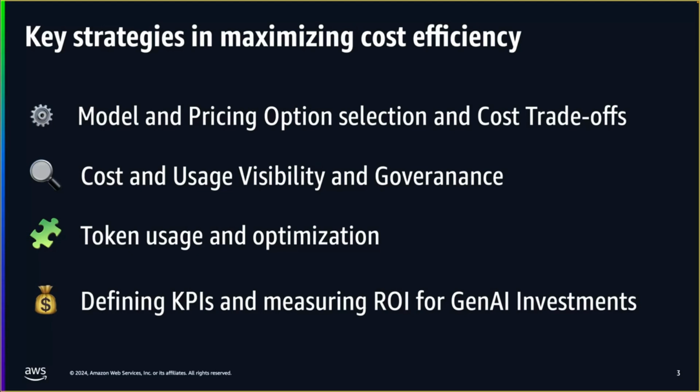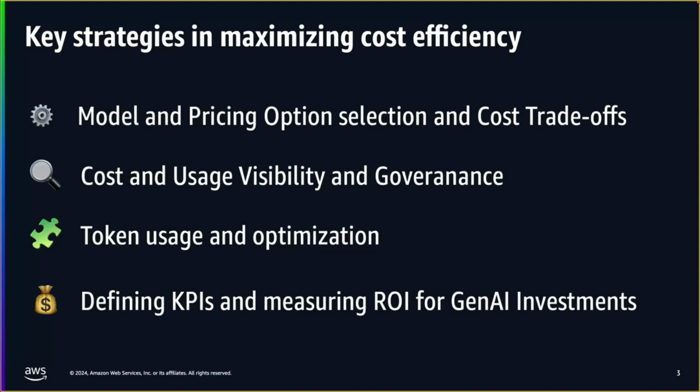Next, we cannot speak about cost efficiency without understanding what our cost and usage look like. So cost and usage visibility, the ability to measure your usage and cost of generative AI workloads, is also crucial. And not just measure, but also make this visibility available to pretty much every stakeholder in your organization, starting from developers to FinOps teams and leadership stakeholders.